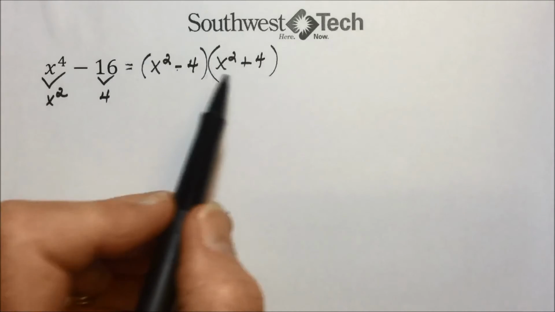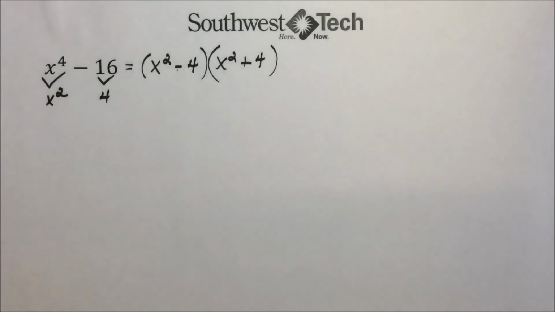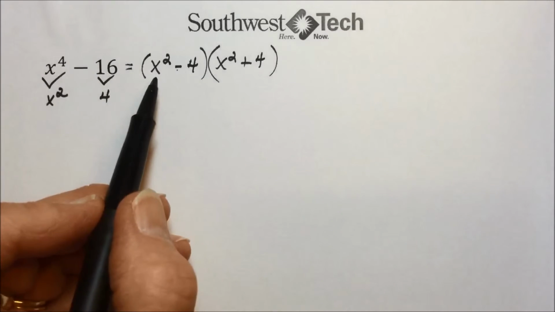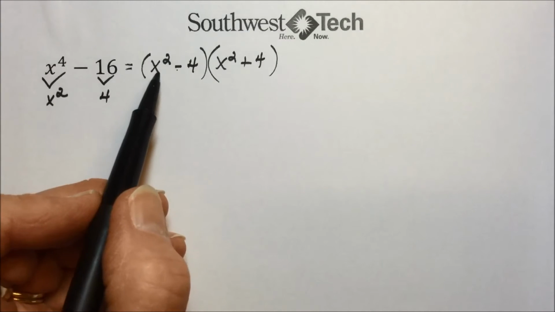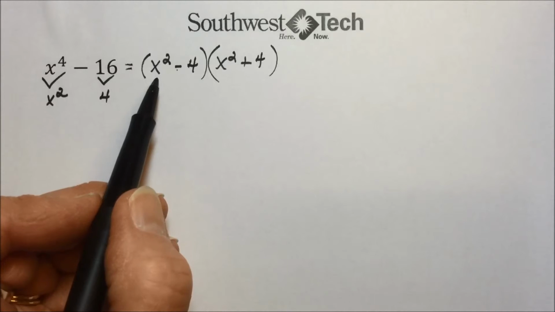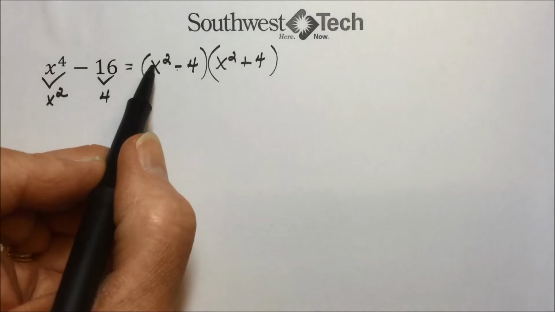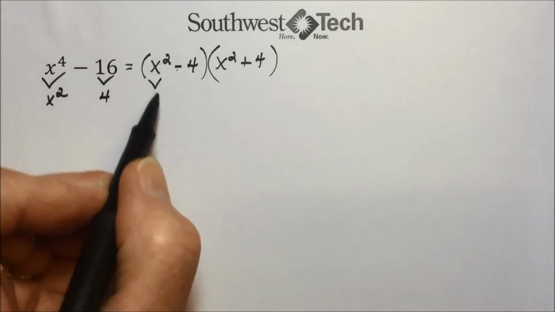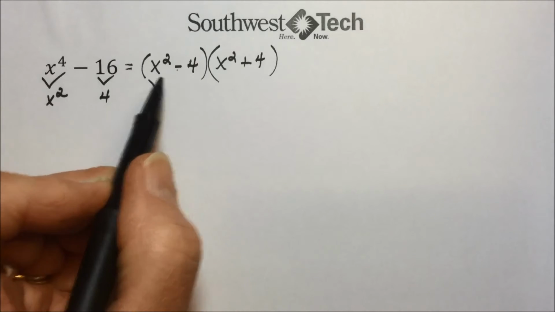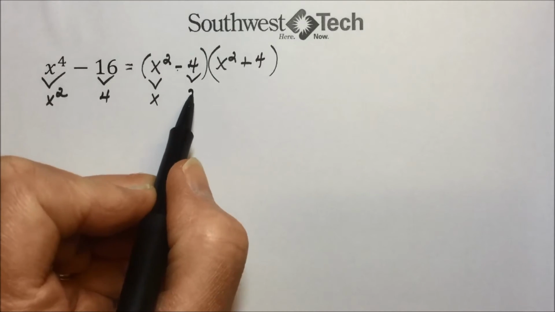A quick FOIL verifies that this is factored completely, but because we have a power higher than 1 on our variable, can we factor it further? We have a 2-term. Is this a difference of squares? The square root of x squared is x, because x times x is x squared, and 4 is a perfect square.